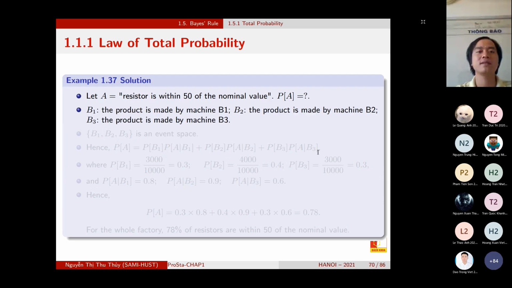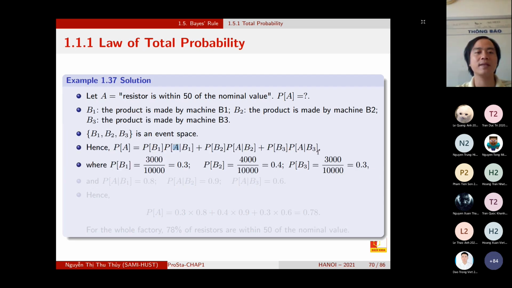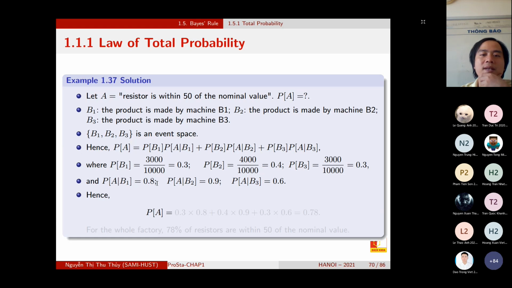So P(A given B1) is 80% or 0.8, and given a resistor made by machine 2, it passed the test with the probability of 90%. The second machine is the best one, and the third machine is the worst one, with only 60% of products passing the test.